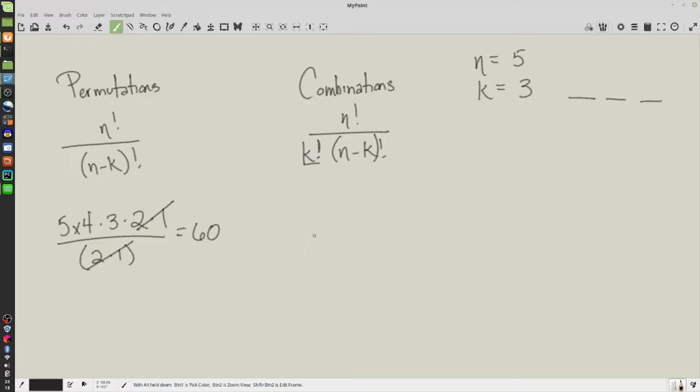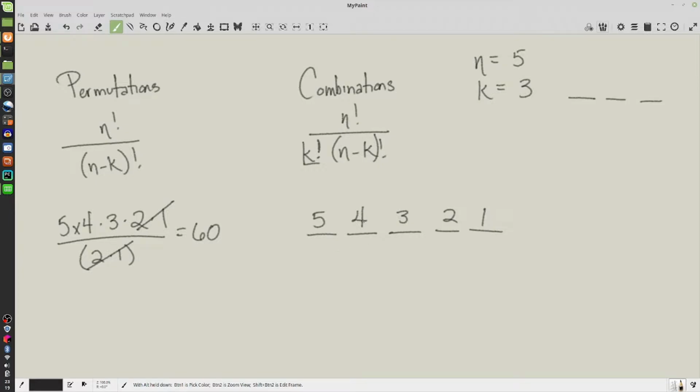If you had 5 spots to choose, in the first spot, you could have a choice of 5 different individuals. In the second spot, you could have 4. In the third spot, you could have 3. In the fourth spot, you could have 2. In the final spot, you only have 1 left over. So it'd be 5 times 4 times 3 times 2 times 1.